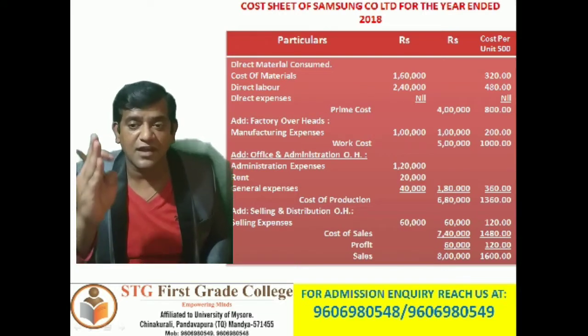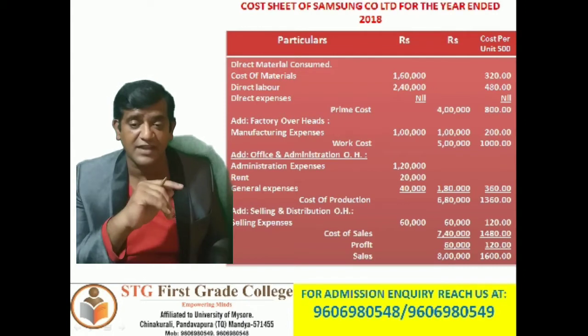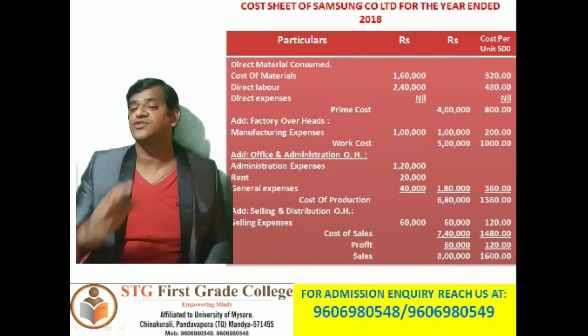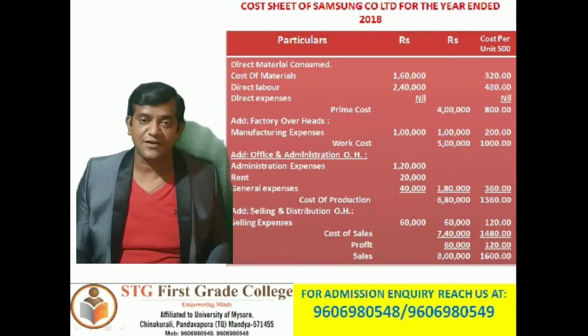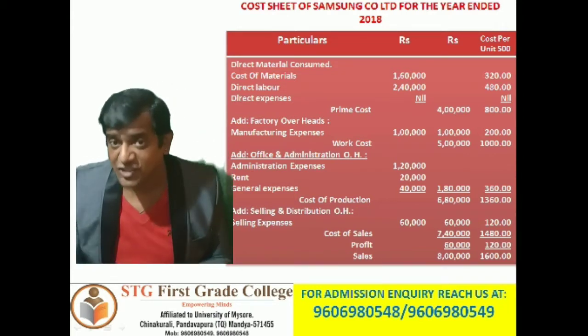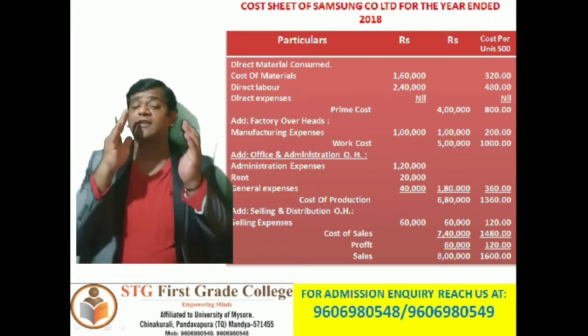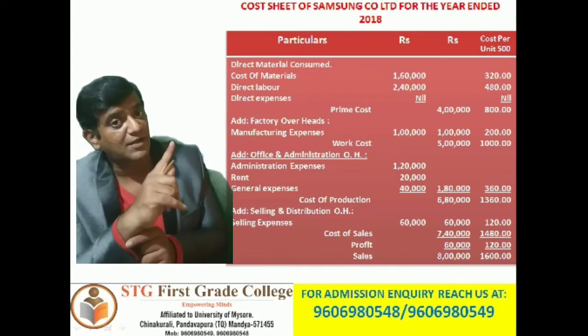Now 60,000 divided by 500, so we get 120 per unit profit. At the same time, 8 lakh divided by 500 units, we get sales per unit of 1,600. So this is the cost sheet which we have prepared with the information from the trading and P&L account in the problem. Clear?